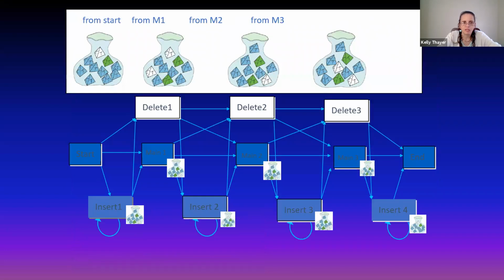Just to represent that in a more pictorial way, we have some bags with dice in them, and we don't know a priori what's in them. I'm representing these dice as four-sided dice because if we're talking about DNA bases, then we have four choices.